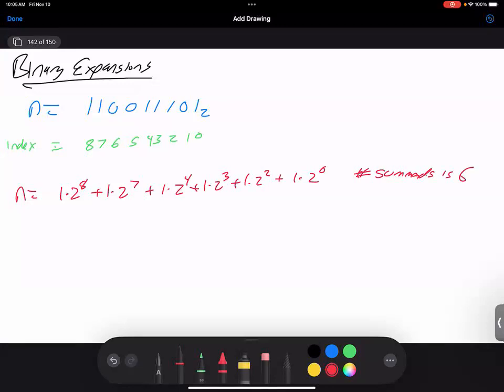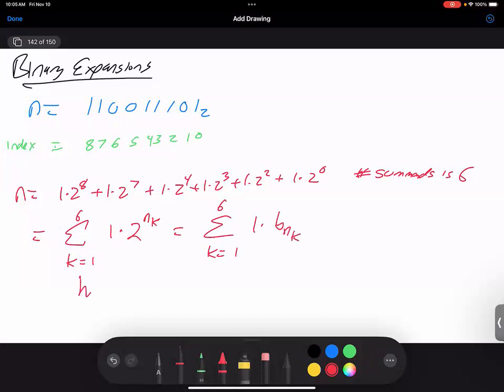So I could write this as the sum, k goes from 1 to 6, of 1 times 2 to the n sub k. Or I could write this as the sum, k goes from 1 to 6, of 1 times b sub n_k.